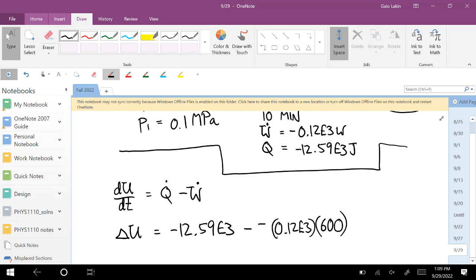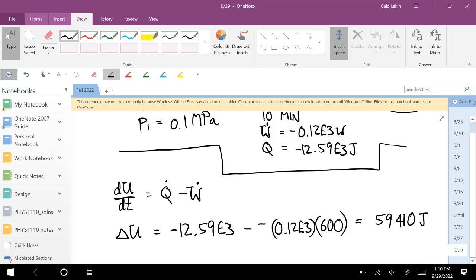So that change, did I calculate that? I think that change comes out to be 59,410, is that right? That's in joules. Yep. Okay.